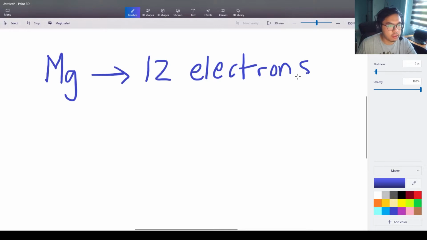Now that you know there are 12 electrons, let's draw the middle part first. Let's just use a dot, or a black circle, that is the nucleus. And then after that you can draw the electrons. This is the first shell, the first ring, and 2 electrons will go there.